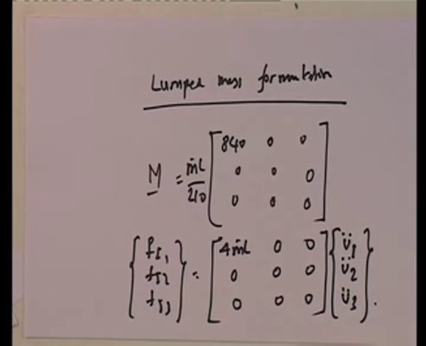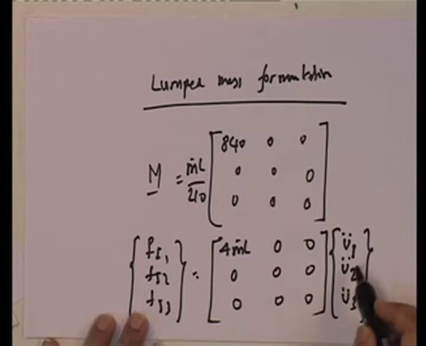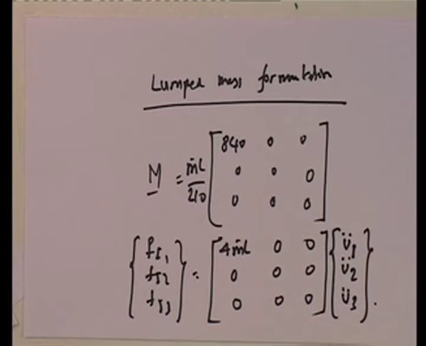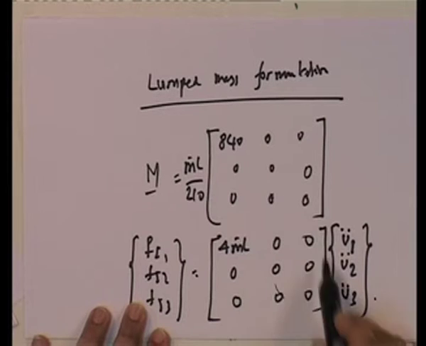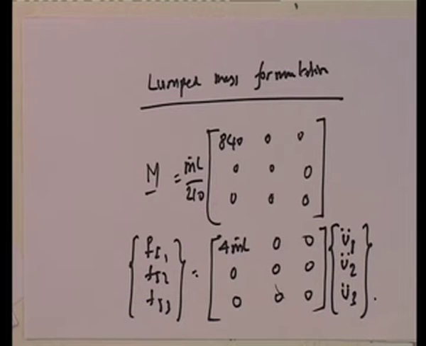A very interesting thing happens. You see, even in the structure mass matrix, the rotational degrees of freedom in the lumped mass formulation have no terms associated with them. Now, how good is this? Well, let us look at this. They do not look at all close to each other.